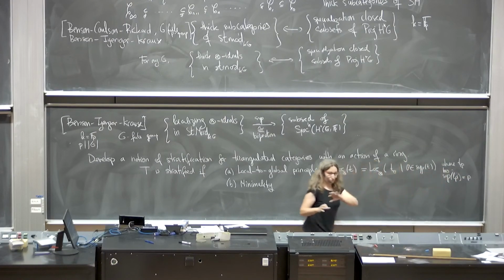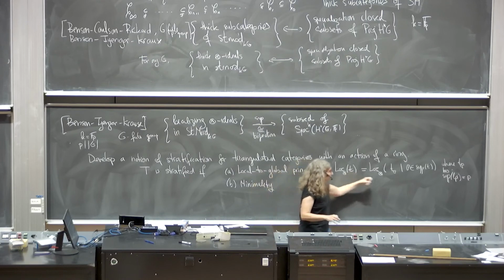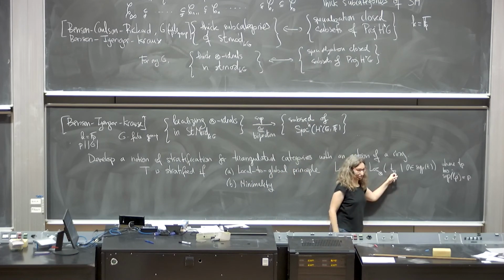It's like you can isolate the information of each object at each prime, and the local to global principle tells you that you can recover T from the information isolated at each prime.